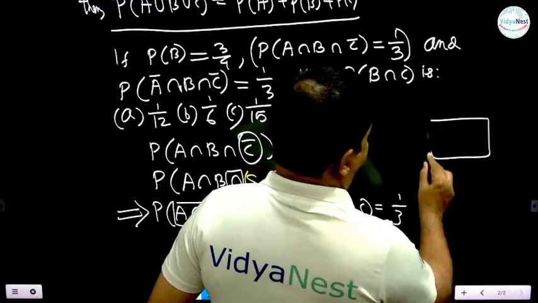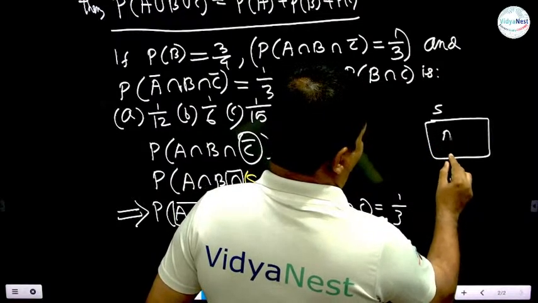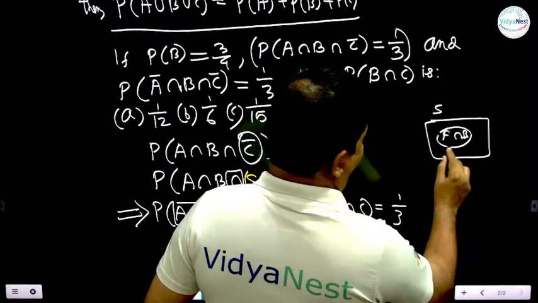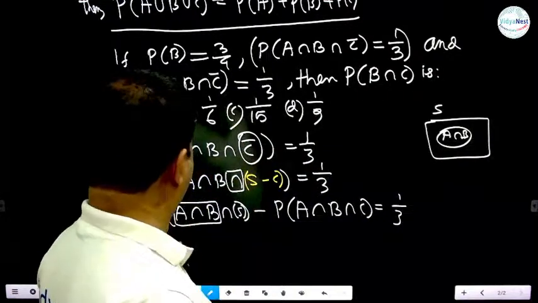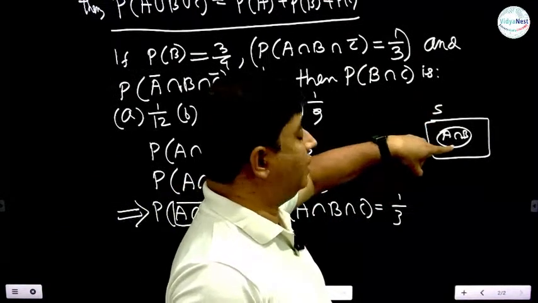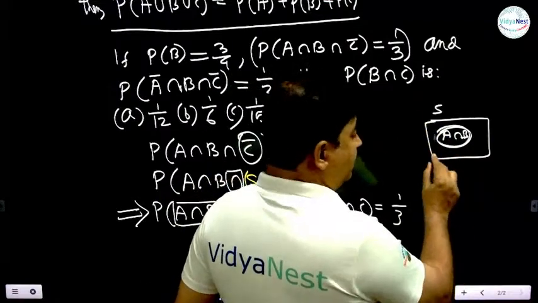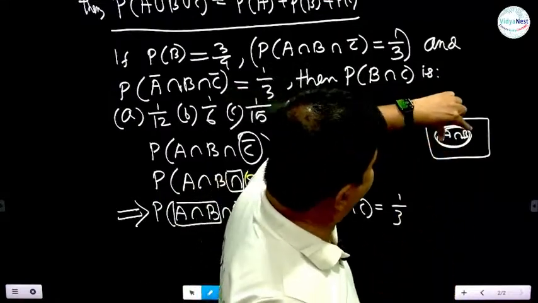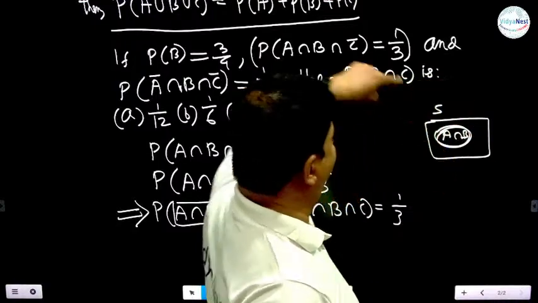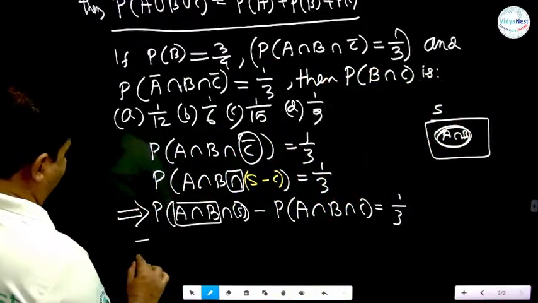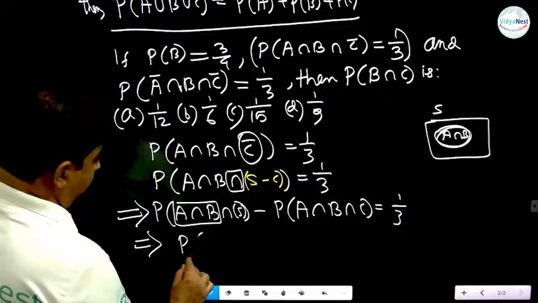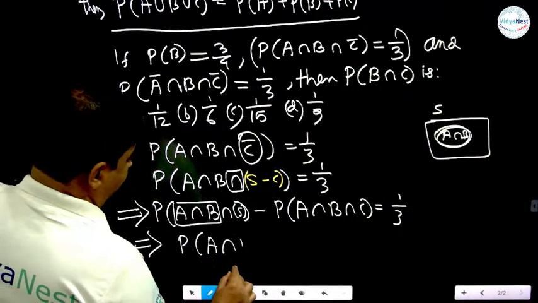Now S and A intersection B, out of these two, which is the common part? A intersection B, because A intersection B itself is part of S. So I can write P of A intersection B.